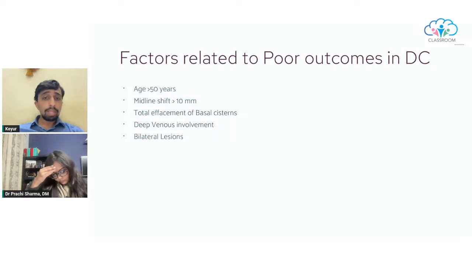Total effacement of the basal cistern: if there is no basal cistern seen at all, we can expect a post-operative PCA infarct in these patients, or sometimes even a white cerebellar sign. We find that in the post-op period, if you do a CT scan, the brain is black. Sometimes there is a deep venous involvement.